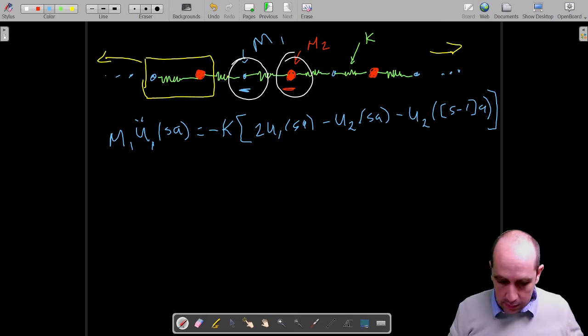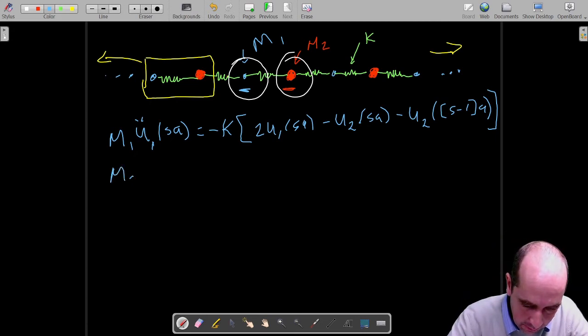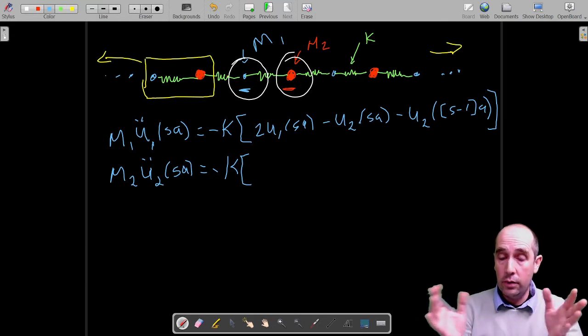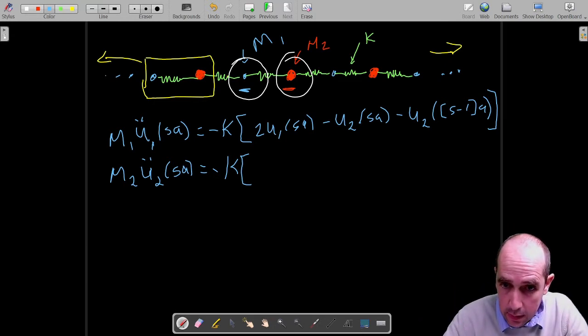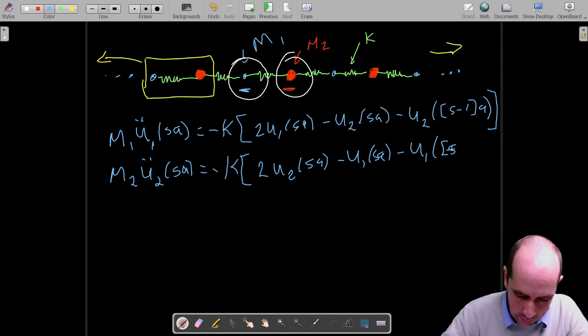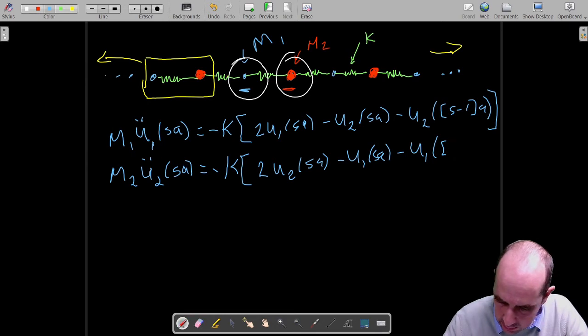The equation of motion for that one will be m2 u2 double derivative of sa will be equal to minus k times the distance to its first neighbors as well, which is going to be 2u2 of sa minus u1 of sa minus u1 of (s plus 1)a.